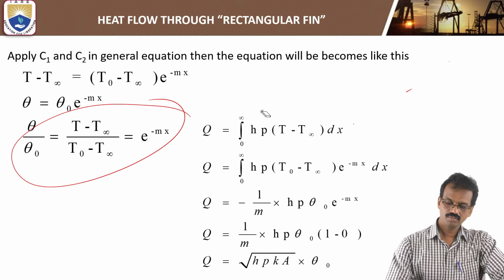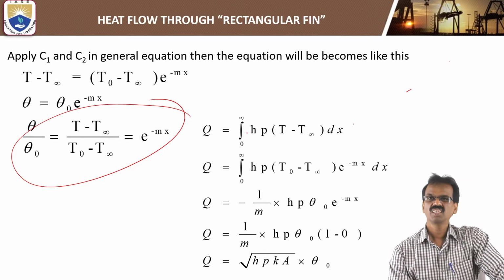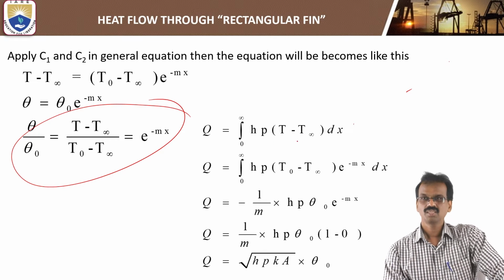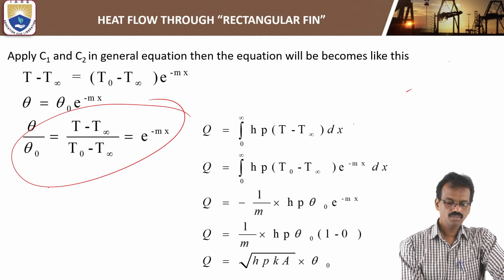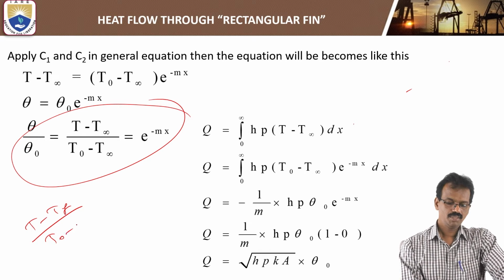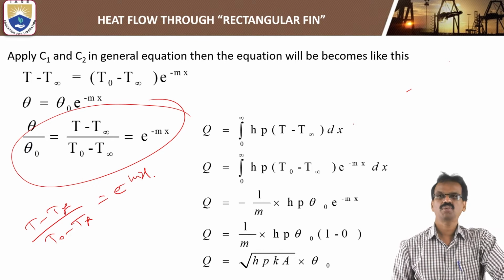Solve this one. Okay, the integral of hP (T minus T infinity) into dx, here with respect to x only. So you know that this is the formula: (T minus T infinity) by (theta naught minus T infinity) is equal to e to the power of minus mx.